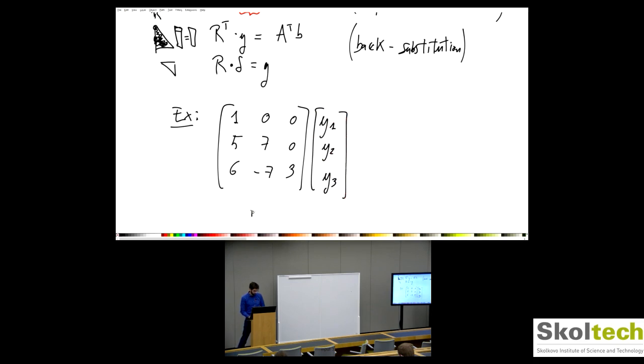So this will be our R matrix. This is our vector, and this should be equal to whatever values we have here. So this is what I was talking about. We have three equations, three variables. We want to solve them. Which one is the first one that you should start with? Which one is the easiest one?